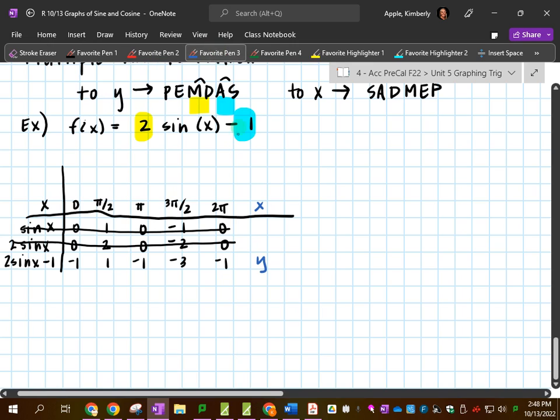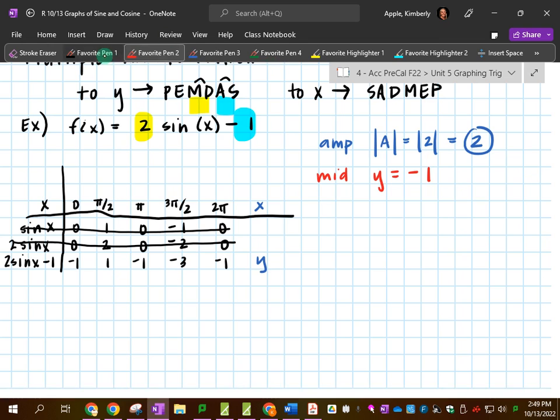So let me ask you a couple of quick questions just from the function without seeing the graph. What is the amplitude? It's just 2. Correct. The amplitude is 2. Now, what is the midline? Y equals -1. Correct.